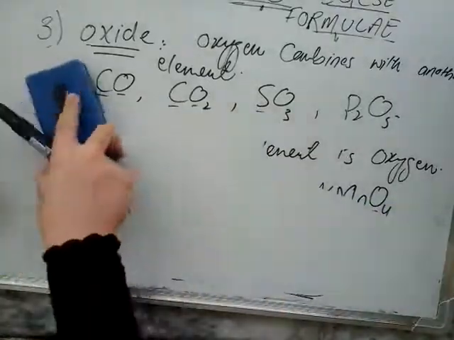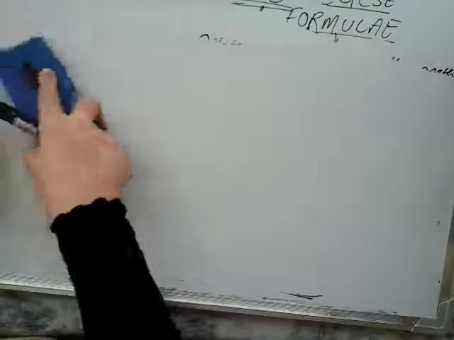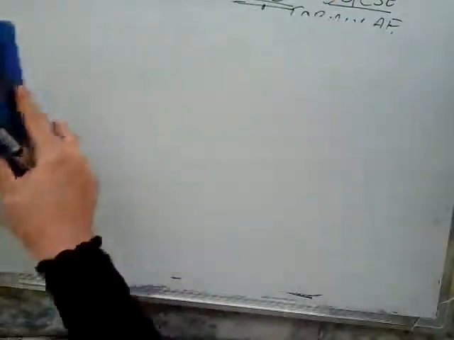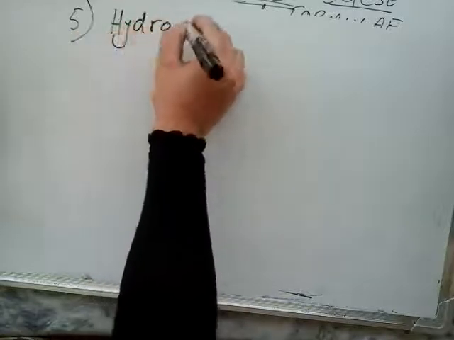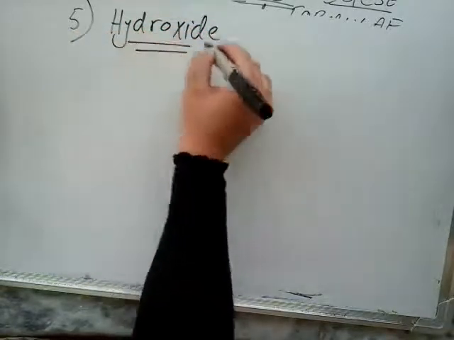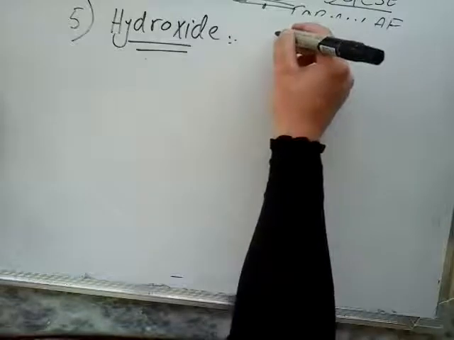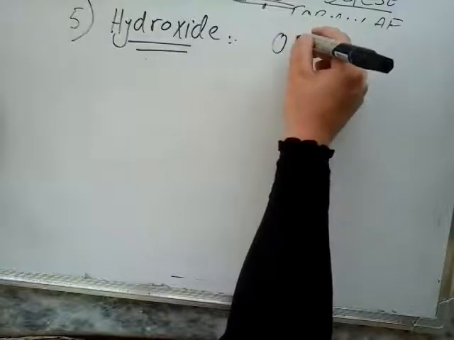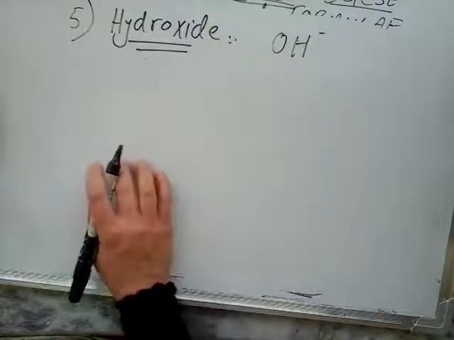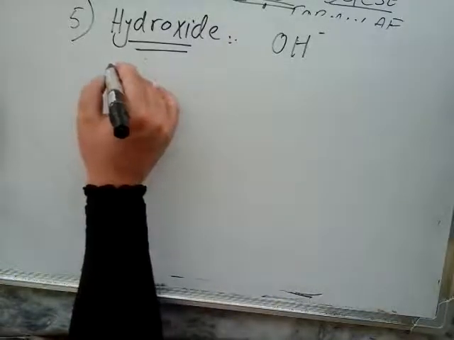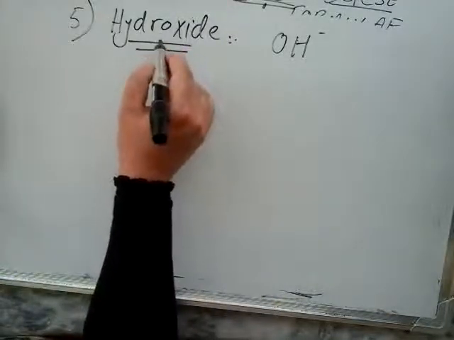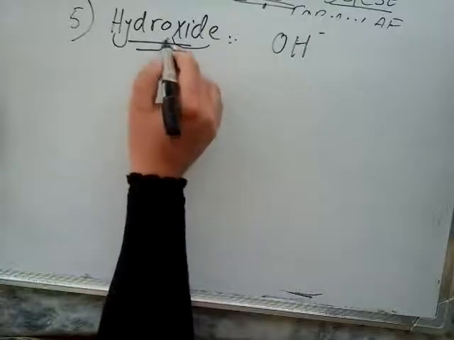Is that clear? The fifth point is: what is hydroxide? Hydroxide means a combination of oxygen and hydrogen. Hydro means hydrogen, oxide means oxygen.